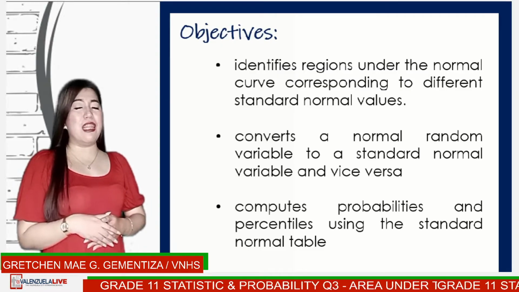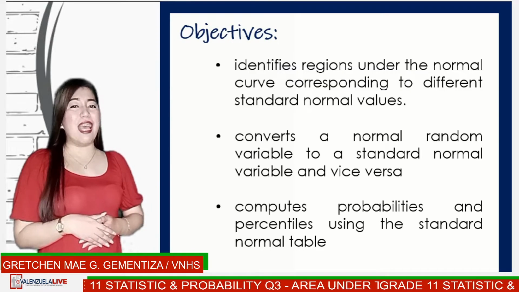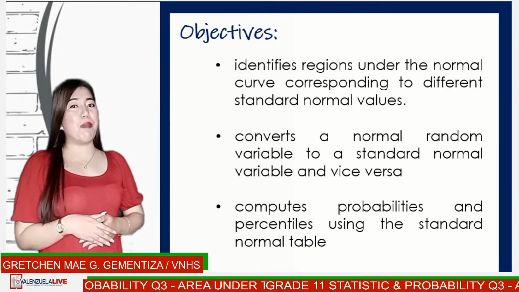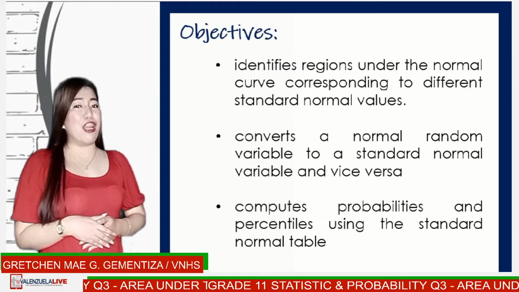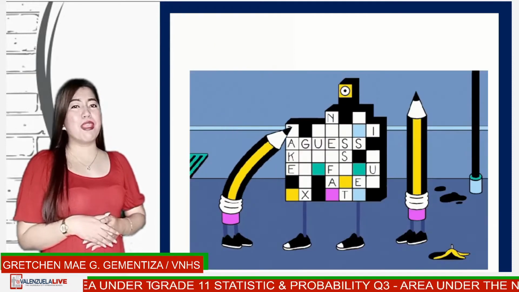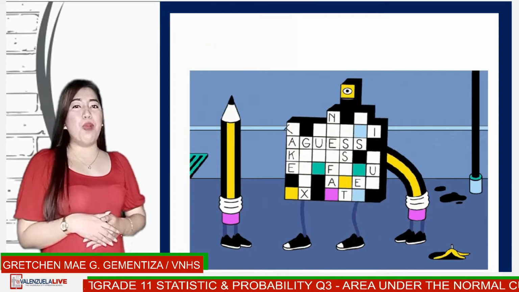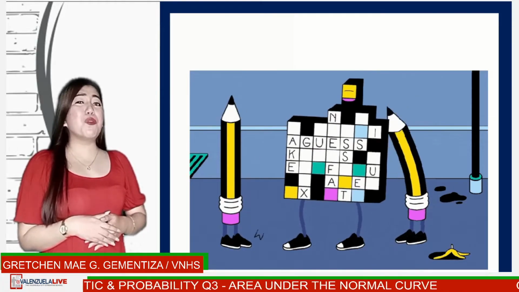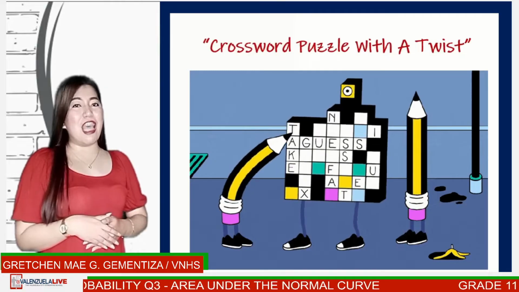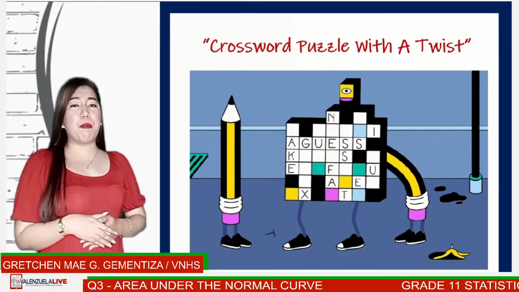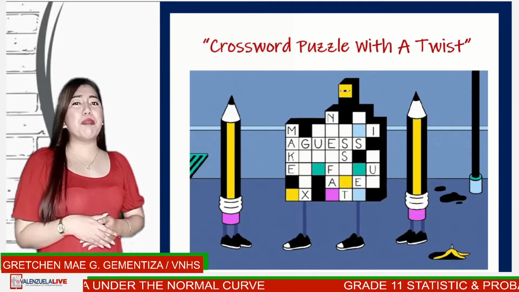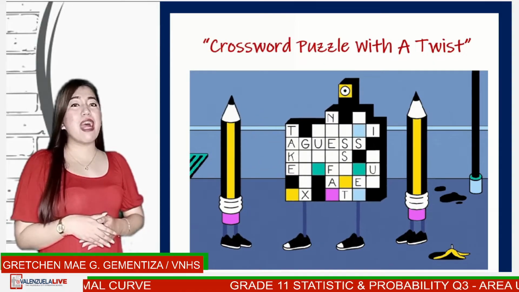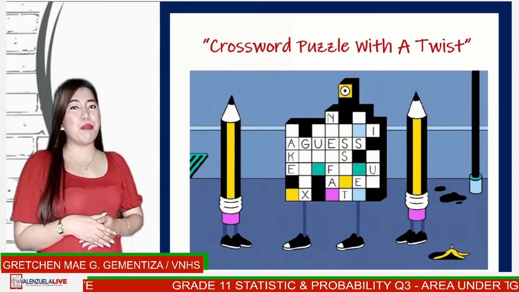Before we begin the lesson proper, let us have a review on characteristics of a normal distribution. Are you familiar with the game Crossword Puzzle? Well, our activity is like a crossword puzzle but with a twist. Instead of showing words or phrases as hints, I will be showing you a picture that describes one characteristic of a normal distribution.